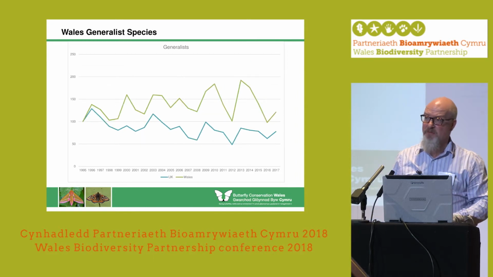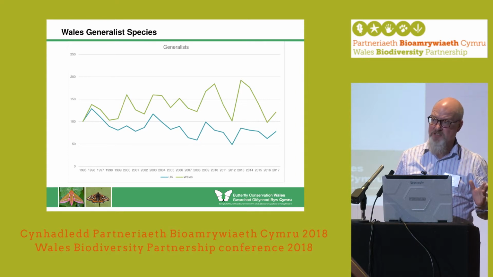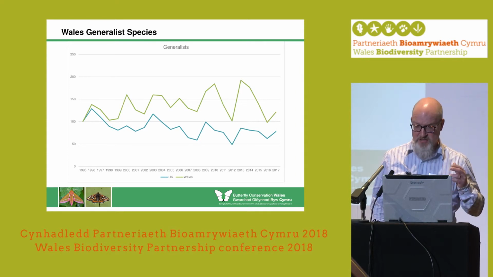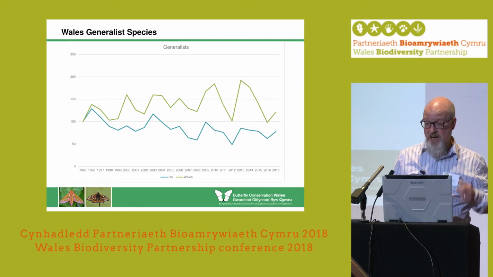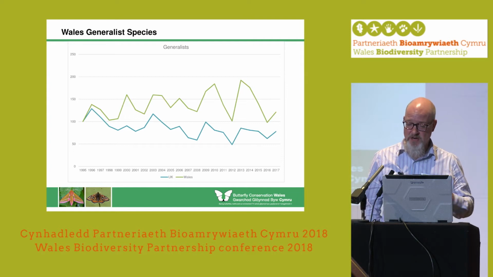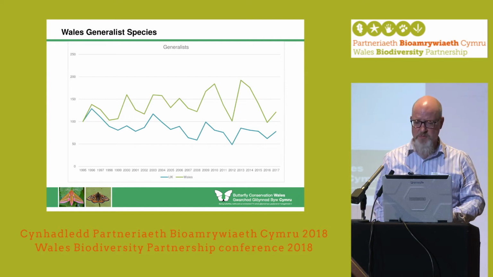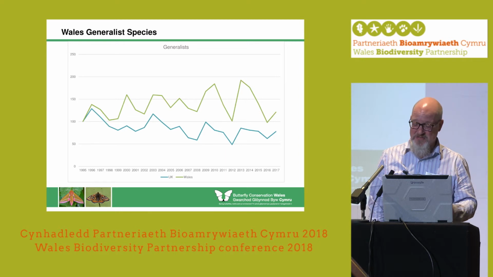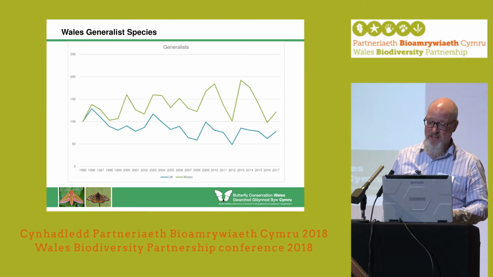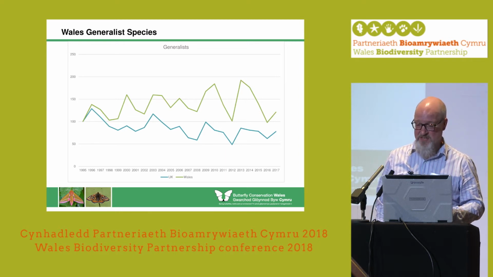And then if you look at generalist species, so that's your wider countryside species, your small tortoiseshells, your red admirals, so it includes some of the migrants, your small skippers, those common, much more widespread species. Again, the trend is not significant, but it's showing a slight dip in abundance over the last few years.